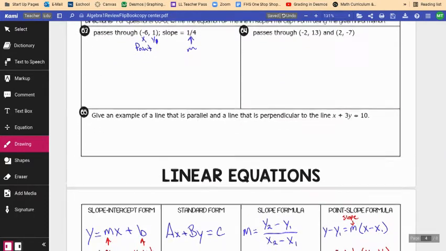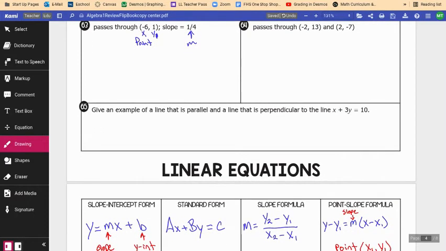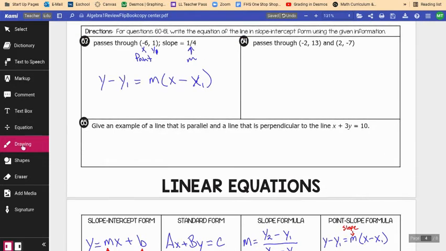And so when I come back to my formulas, I notice that I have slope-intercept, standard, slope formula, or point slope formula. I'm given a point and the slope, so we're going to use the point slope formula. That formula is y minus y1 is equal to the slope times the quantity of x minus x1. Really all I have to do is fill in. So I'm going to fill in the easy one.